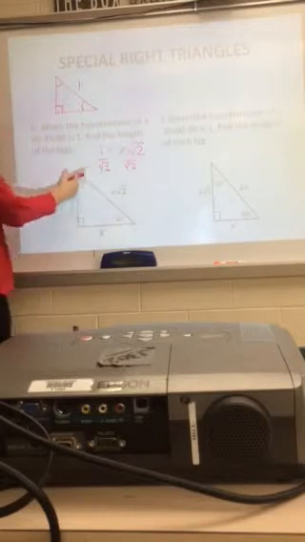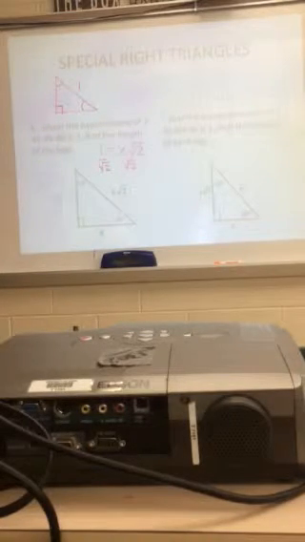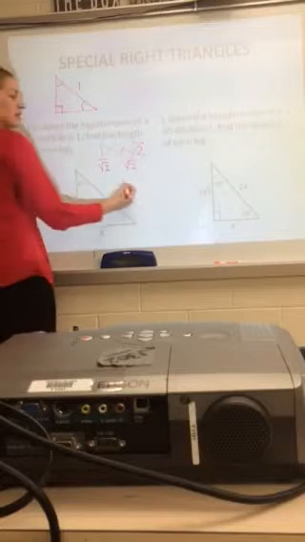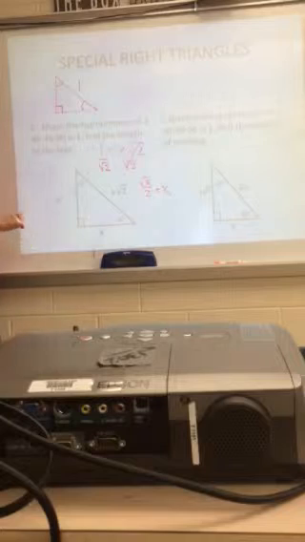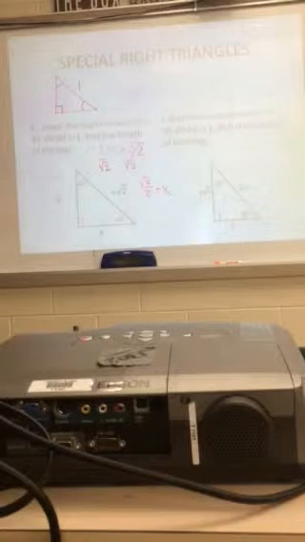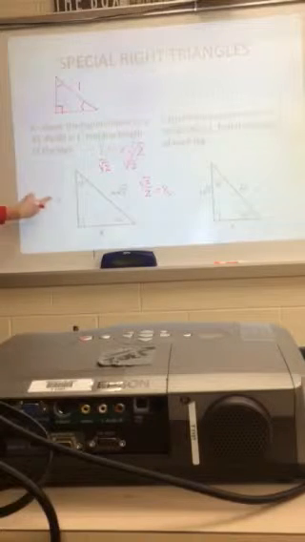Okay. So now I have this. Is that a legal answer? No, I have to convert it into what? Root 2 over 2 equals x. Does anyone have a question about rationalizing the denominator mentally? Okay. Now notice, I solved for x. Which sides represent x? The two legs.